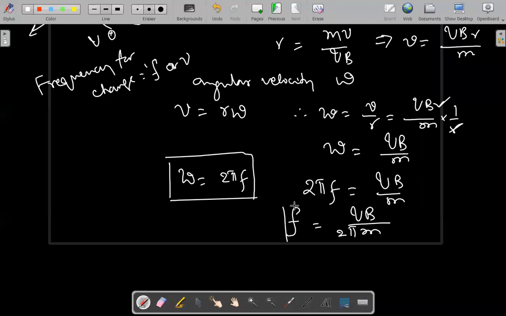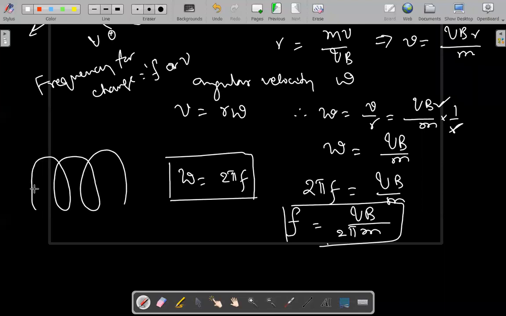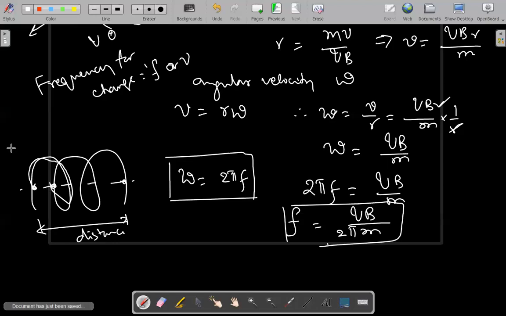So this is the frequency with which, when something is going like that, if you draw from here to here, it will travel some distance. It is coming to almost the same position after going like this, and this is called one cycle.